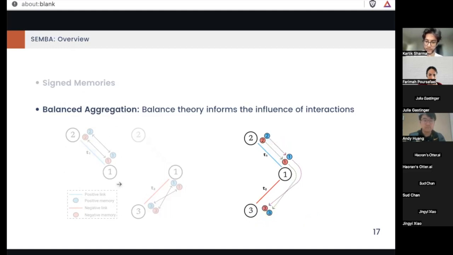What kind of relationship do 2 and 3 have here? It is like a friend of an enemy. The positive memory, which was supposed to represent the friendly relations, is now influencing the negative memory, or basically the enmity kind of relationship, for node 3. So in a way, we can say that 2 and 3 have a negative, or enemy, kind of relationship in terms of how they are influencing each other indirectly, across multiple timestamps.